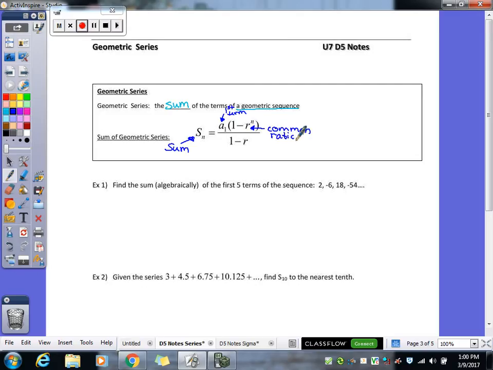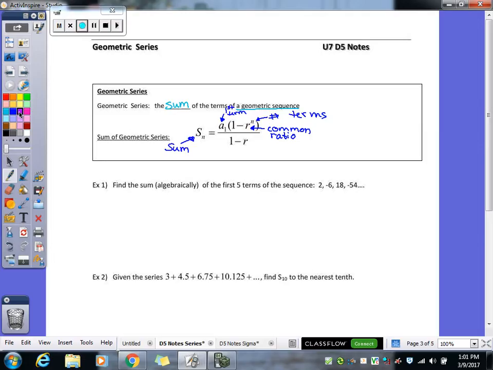Remember, that's what you're multiplying by each time to get you to your next term of your geometric sequence. And n would be number of terms. So the one nice thing is we don't have to know what our last term is like we did for our arithmetic sequence. You just need to know the first term, what's your common ratio, and then we can figure out our sum from there.